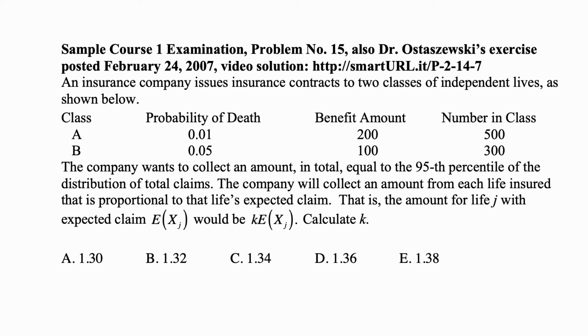The company will collect an amount from each life insured that is proportional to that life's expected claim. That is, the amount for life j with expected claim E of Xj would be K times E of Xj. Calculate K.